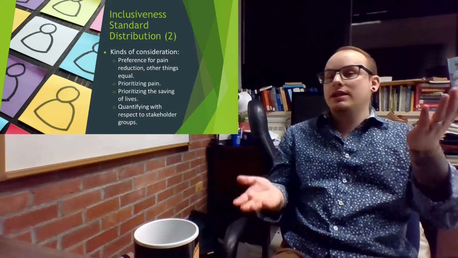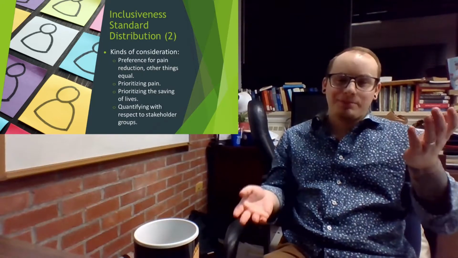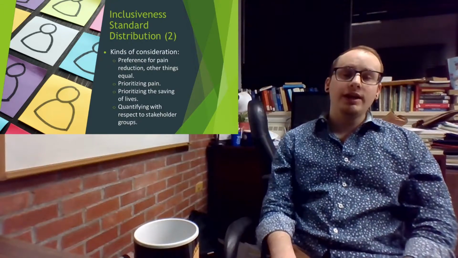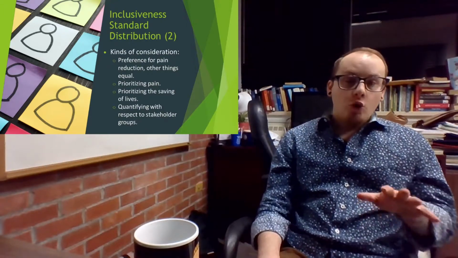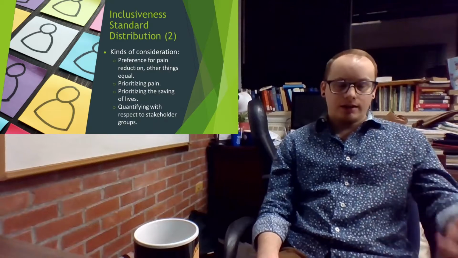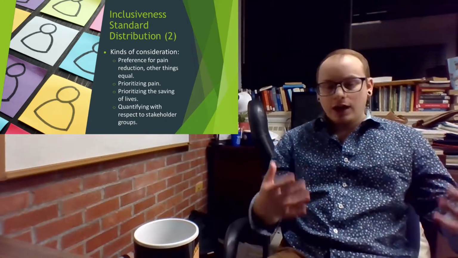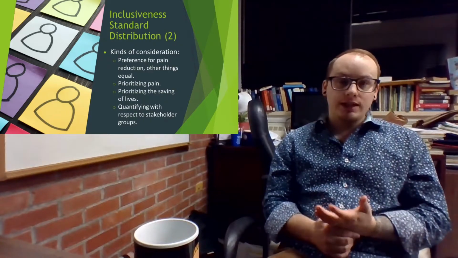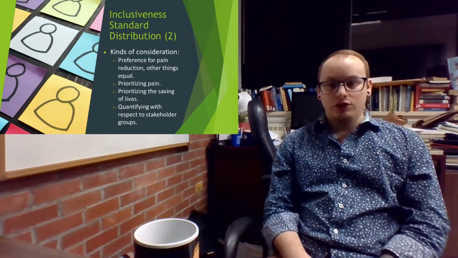It outweighs then the kind of less happiness customers might experience. Right? So these are different kinds of considerations I might take into account when determining a new health insurance policy for my employees using the Inclusiveness Standard of distribution.